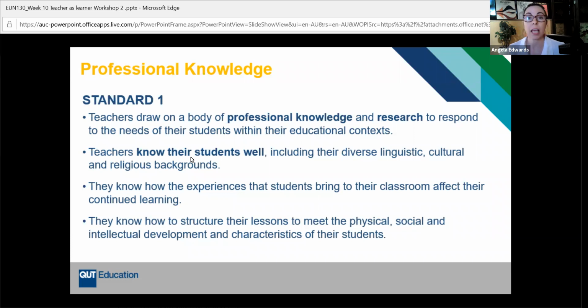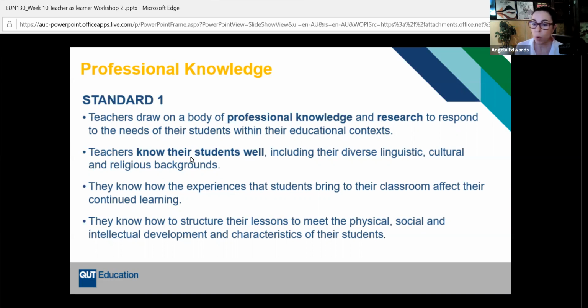For example, if you're working in Indigenous communities, close contact with the elders and a very good understanding of the culture and an awareness of individual families and individual students. You would also have to think about how you recognise each student as an individual with circumstances which will affect their learning and their well-being.